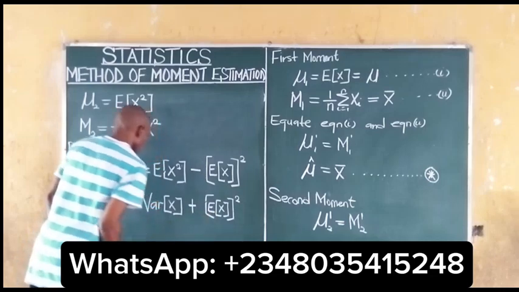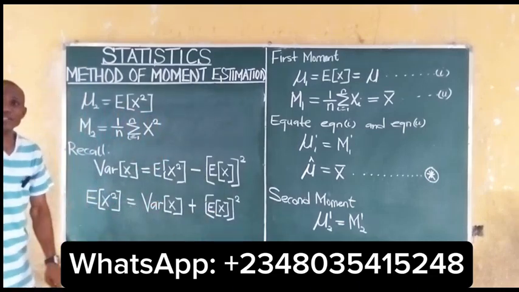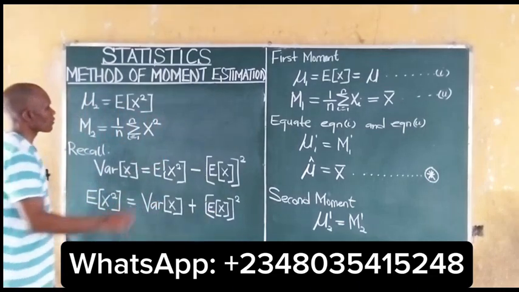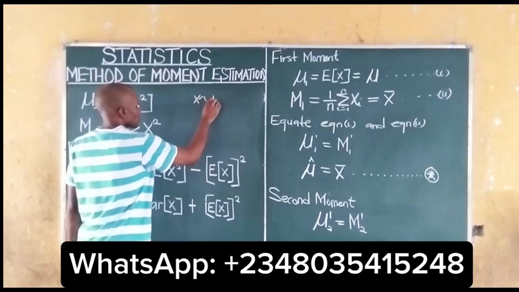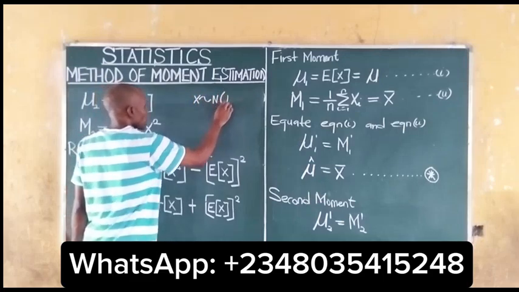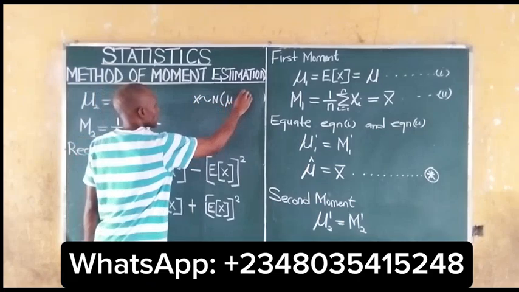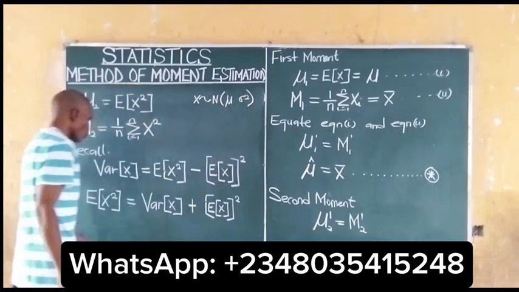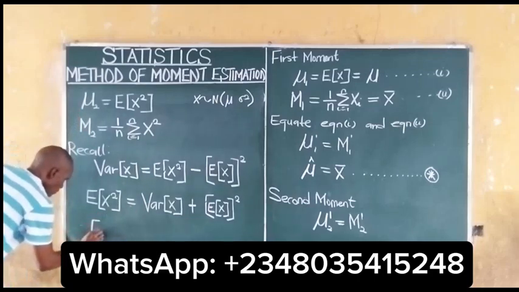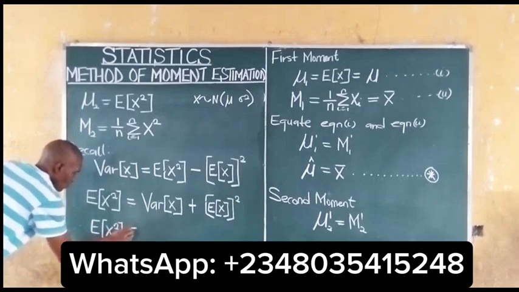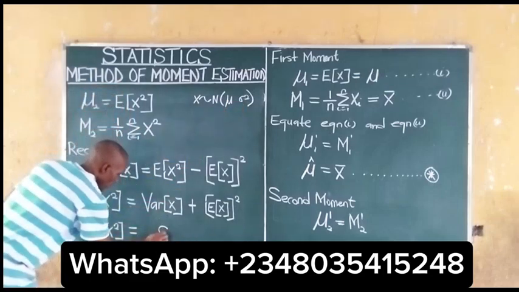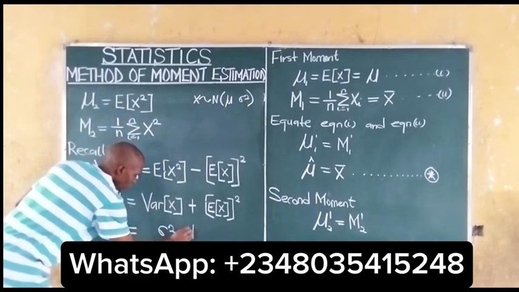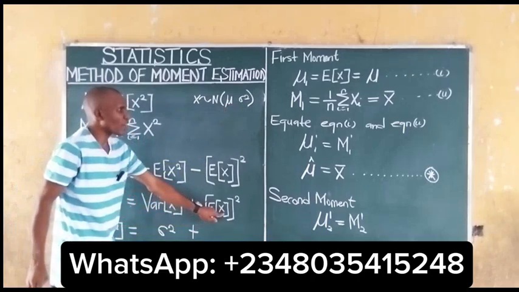Now, what do we have as our variance? If x follows a normal distribution, it then means that we have mean mu and variance sigma squared. So the expected value of x squared will now be equal to, what is our variance? Our variance is sigma squared plus, what is the expected value of x?